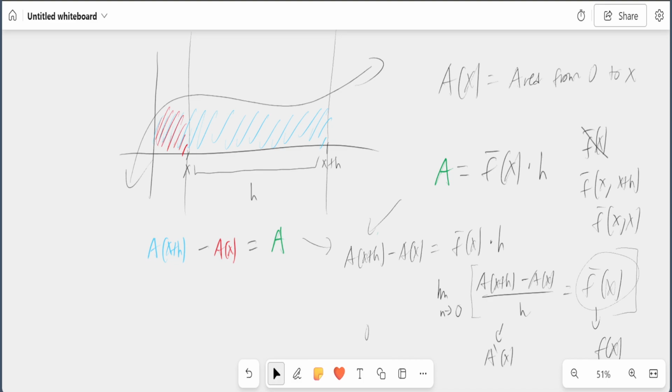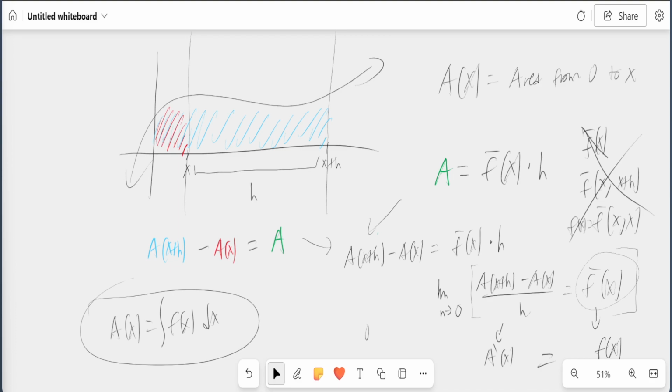That's just x. Well, that's just f of x, right? So that's another way to think about it. But anyways, you know that the derivative of your area is equal to your function, so dA is equal to f of x dx. So that's that derivation. Okay, let's go to 22.